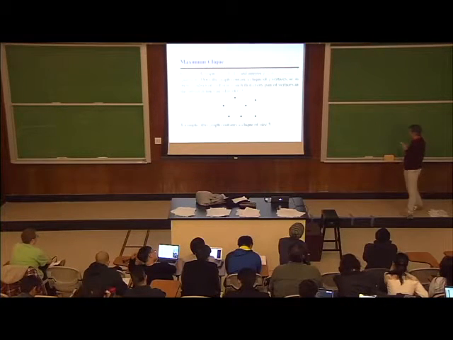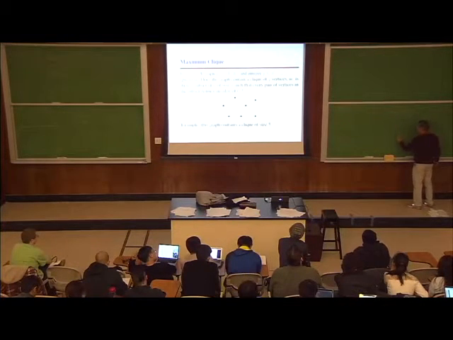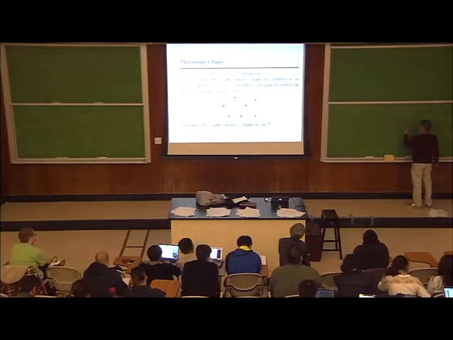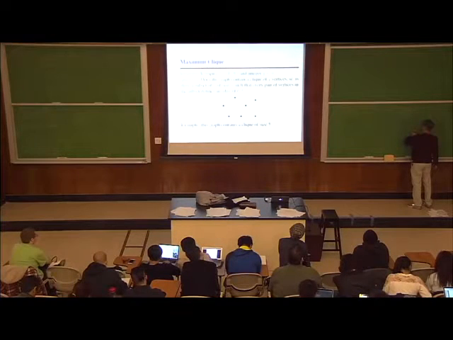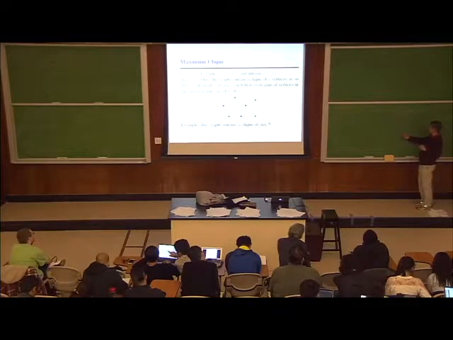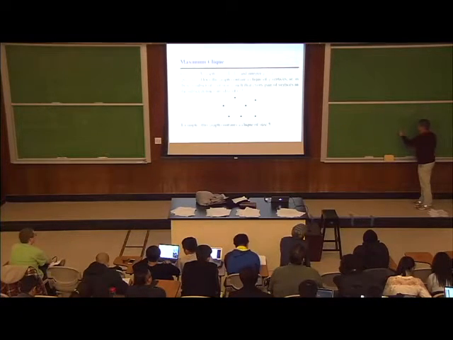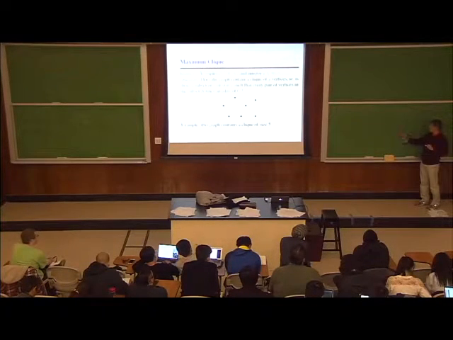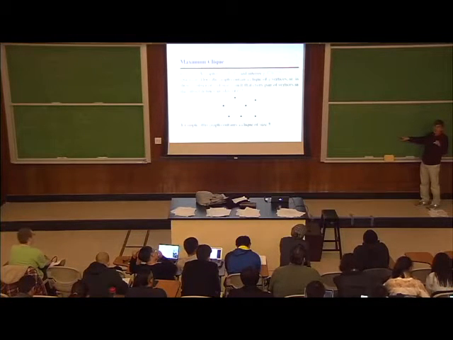What is true is the following. Suppose your graph was covered by a certain number of cliques. What is covered by cliques? Suppose you could take your graph and partition the vertices in such a way that each part is a clique. Okay?